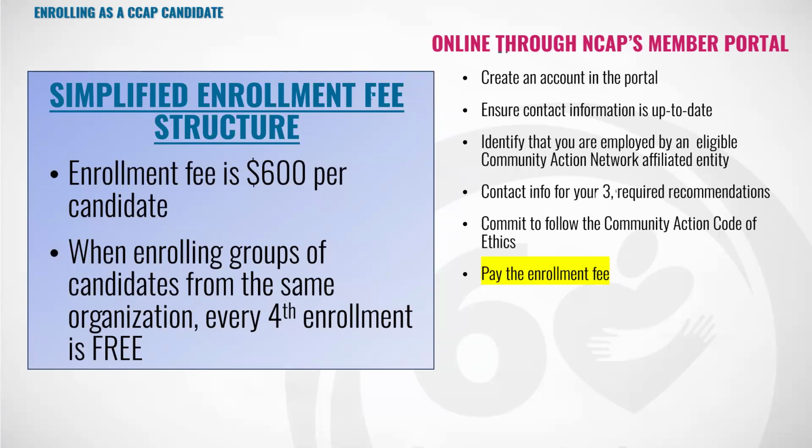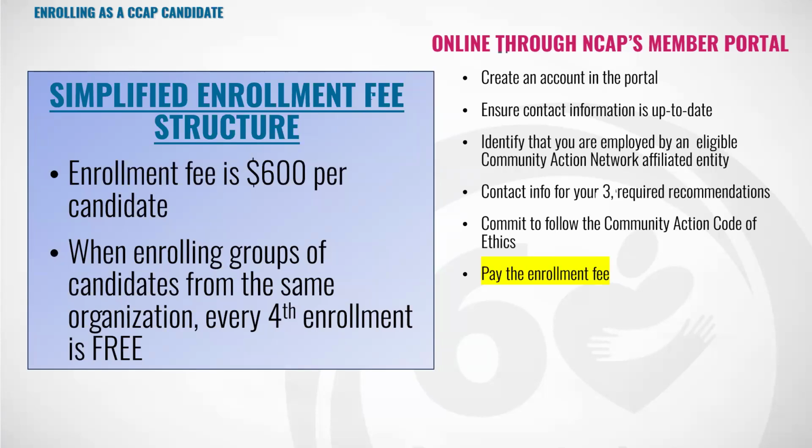So those group enrollments come in when your agency or your state association decides to purchase a group package. And the advantage of doing that is that when I'm purchasing more than one enrollment at a time, every fourth enrollment my group gets for free. So you're saving $600 every time you enroll a fourth person or a multiple of the fourth person.